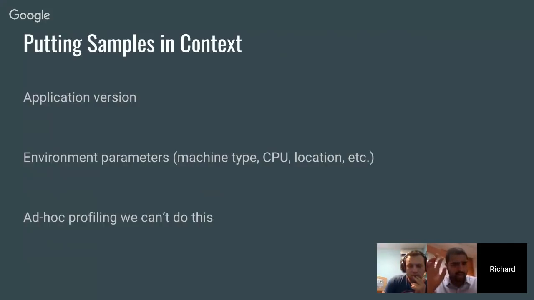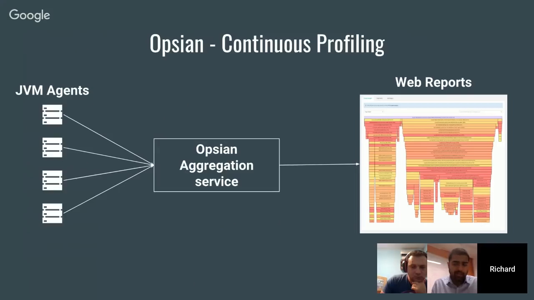Or I want to understand, let's say, our JVM 8 versus JDK 11. Show me the difference in performance between the two and look at the reports for the two. Those are the kind of things that are very, very difficult to do with ad hoc profiling without lots of manual work.